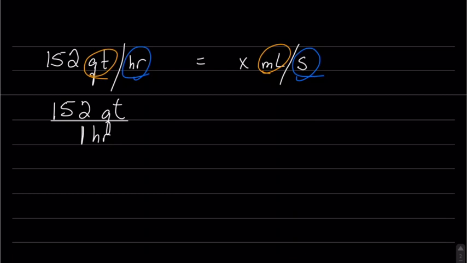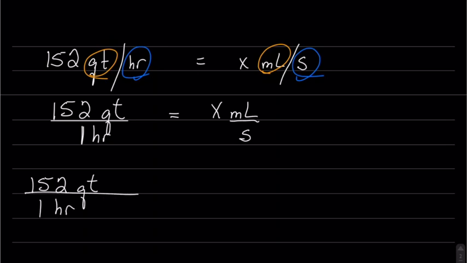So I can say 152 quarts per 1 hour equals, I don't know how many milliliters per second. Okay, so first step is exactly like the previous problem. Write our given over 1, right? So we have 152 quarts per 1 hour. There you go.